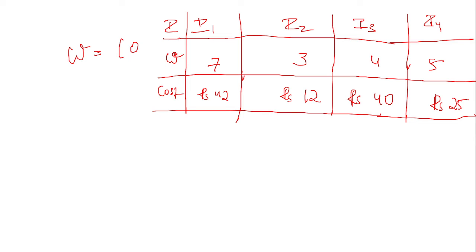Consider this your problem statement. They have given you 4 items whose weights are 7, 3, 4, 5, and whose costs are 42, 12, 40, and 25, and the maximum bag size is 10.